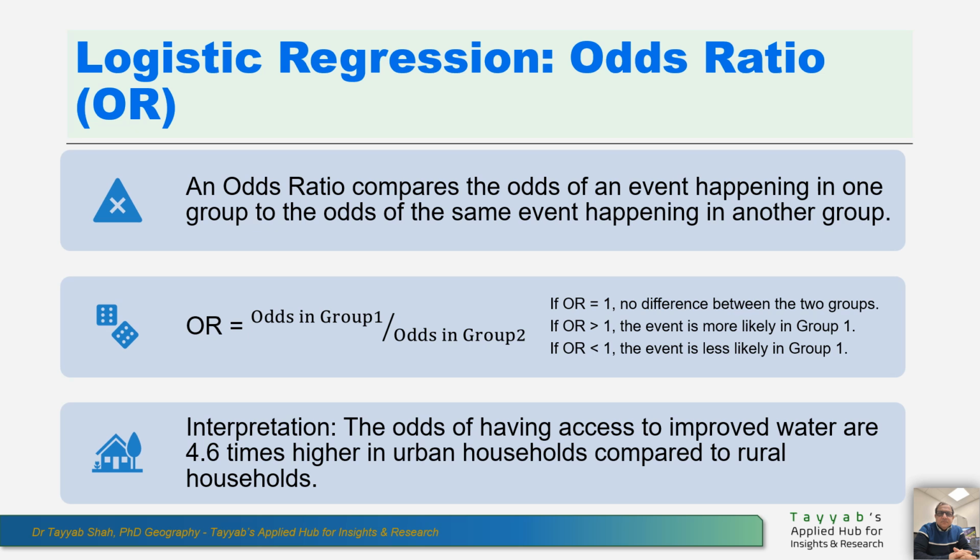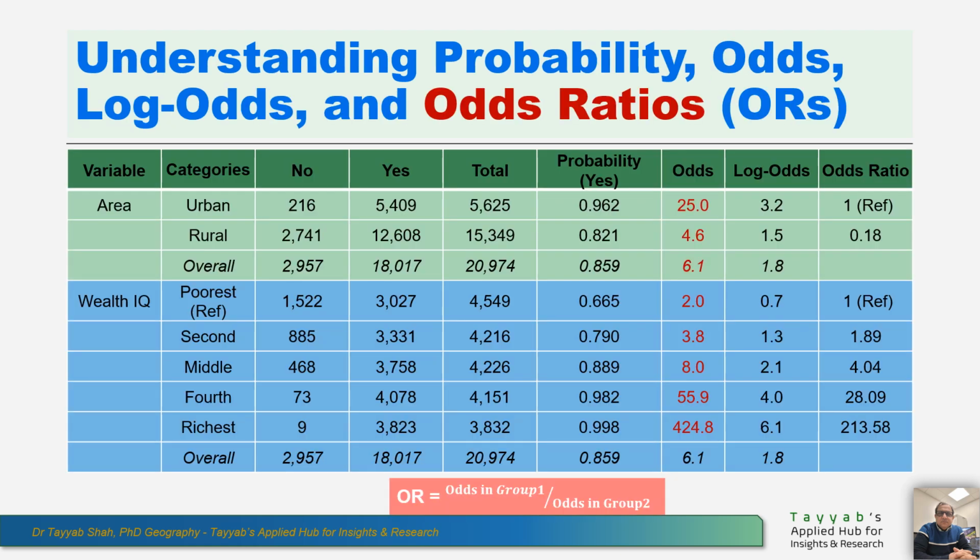So this means the odds of having access to improved water are 4.6 times higher in urban households compared to rural households. If you take those values, these are the ratios we have. So we calculate those odds and then use the odds ratio. It depends on which category you want to set as a reference. In this case, urban is set as a reference, which means it has a value of 1.